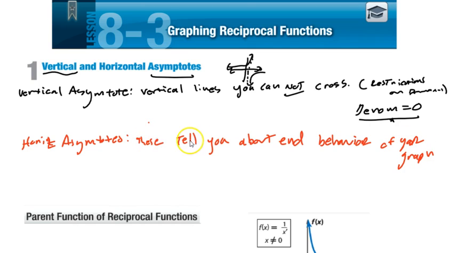Now, very important about this, you can cross these. A lot of times you touch them when you cross them, that's fine. These just tell you what happens at the end.